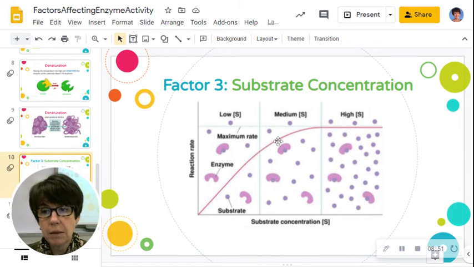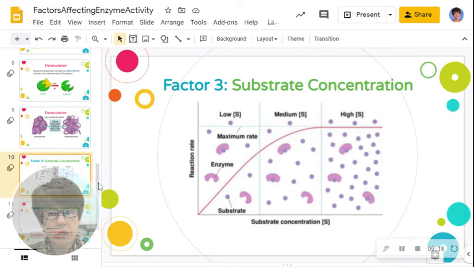So it's going to be rising, but not quite as fast. And then at high substrate concentration, notice all of the enzymes here are reacting with substrate. That's it. They're working as fast as they possibly can. So even if I keep adding more substrate, the enzyme can't do any more than it already is. They're already all working. And so the reaction rate levels off at a maximum. Okay? So we're going to put that into our notes.